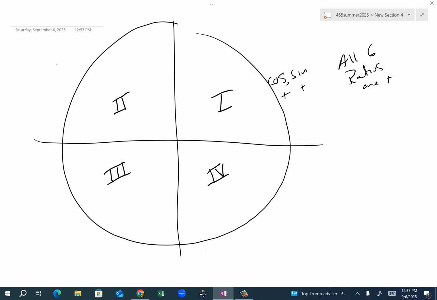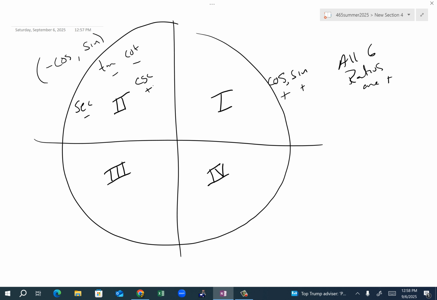Over here, it's negative cosine, positive sine. So what does that tell me? Tangent and cotangent are both going to be negative, because sine divided by cosine, if one of them is negative, we've got a negative. Secant will be negative, and cosecant will be positive.